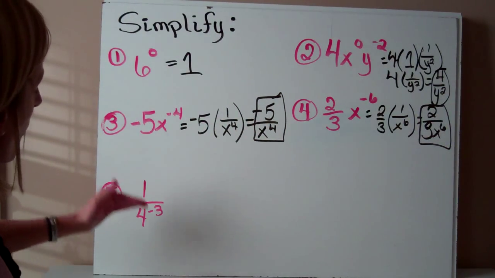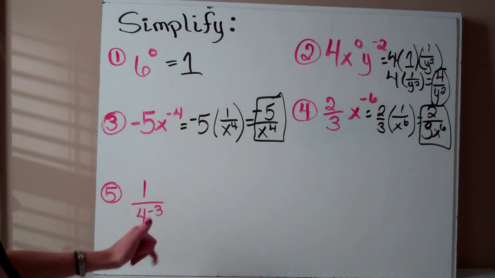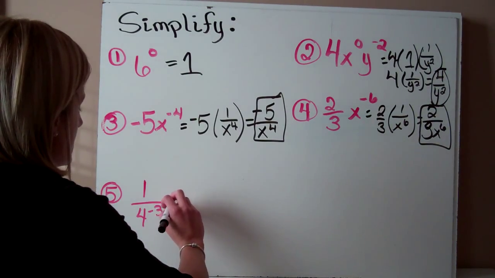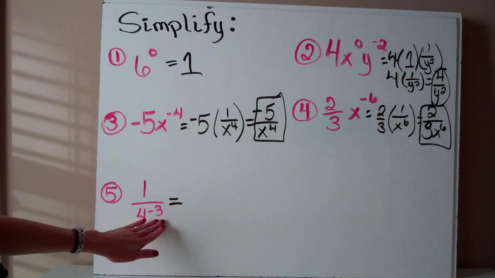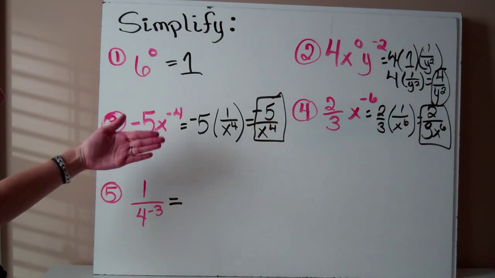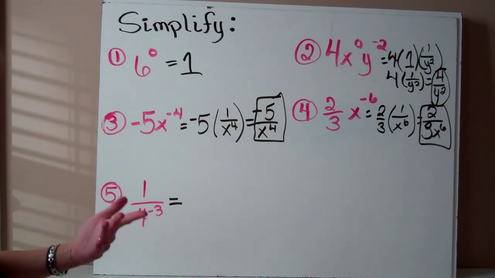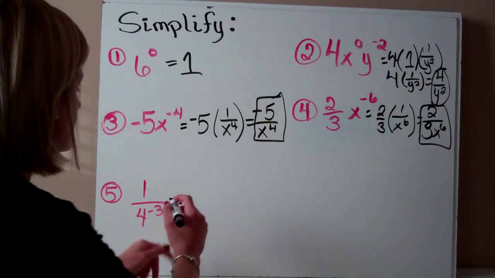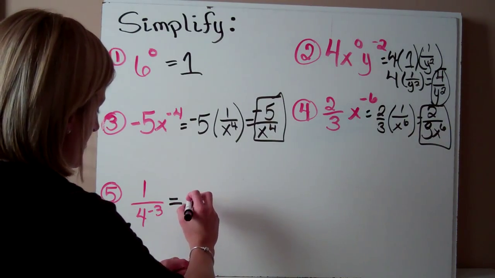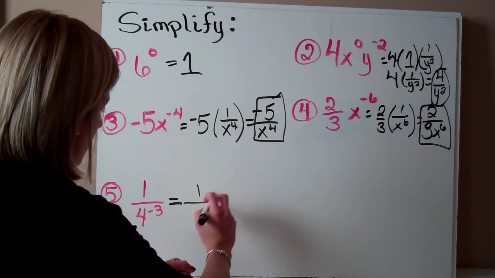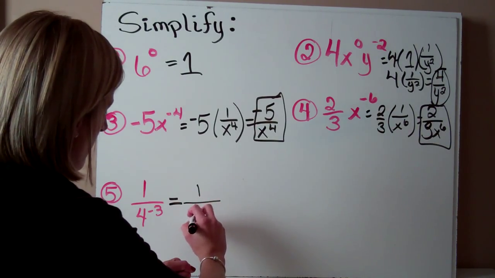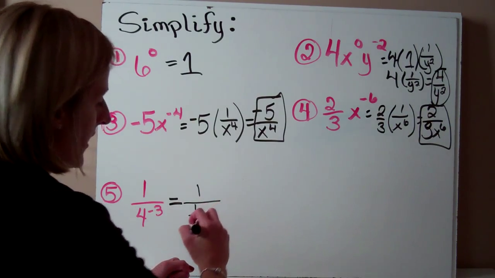Alright, last one. 1 over 4 to the negative 3rd. So if my negative is down here, basically what I need to do is the negative exponent goes on top and becomes positive. I do this because this is the same thing as doing 1 divided by 1 over 4 to the 3rd power.